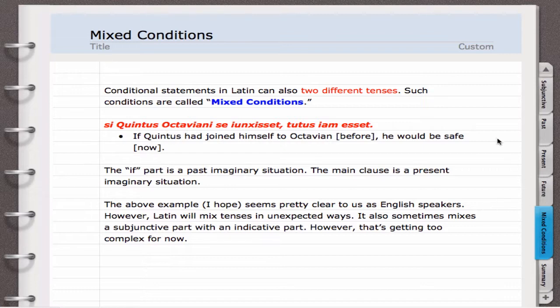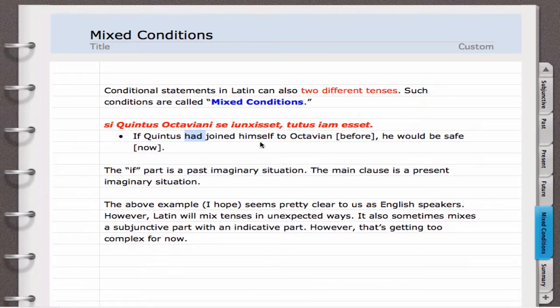Here in this condition, we have a subjunctive verb in the if part and an imperfect verb in the then part, or the main clause. So, if Quintus had joined himself to Octavian a long time ago, he would be safe right now. The first part talks about a past thing, and the main clause talks about a present thing. So it's a mixed condition.